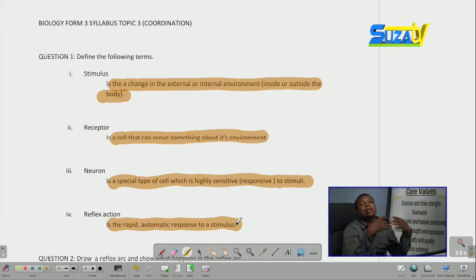For instance, when a person pricks their finger with a pin, or when a person burns their hand, the main instinct is to reflex. The main reflex action is to remove the hand quickly from the heat source. That is what a reflex action is. That's an example of a reflex action.